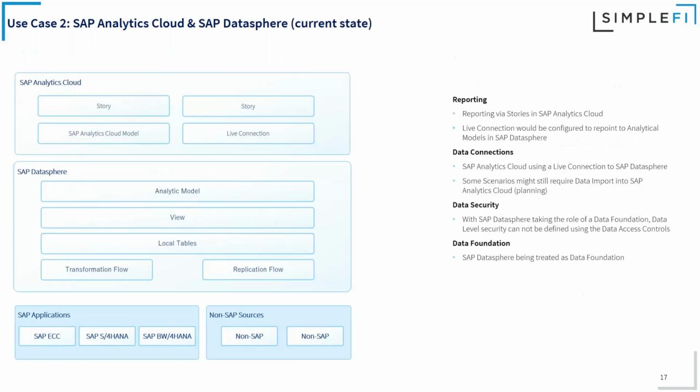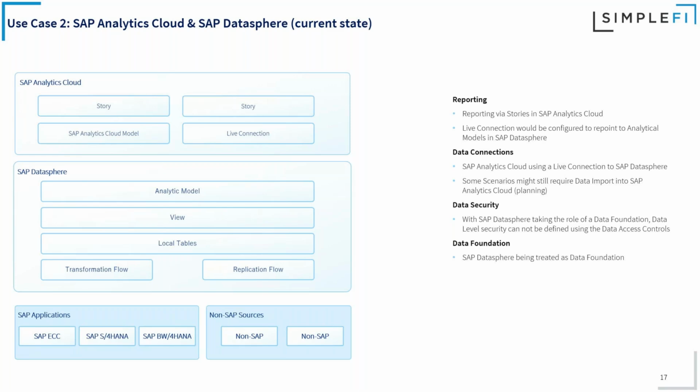So now, how does it look if we're a customer that already has Analytics Cloud as well as Datasphere? In our scenario, Datasphere is already the data foundation. So we're bringing in the data from SAP applications as well as non-SAP data sources. This could mean replication flows, data flows, real-time replication, and we're building our analytical models.